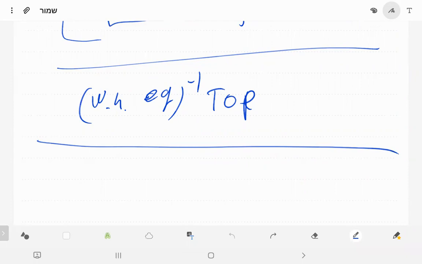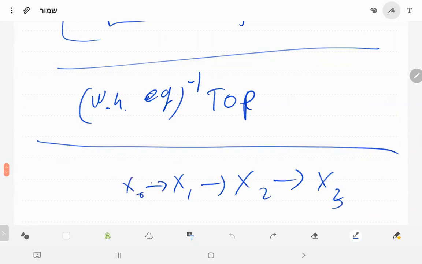A chain complex, say of abelian groups, is a sequence of abelian groups X1, X2, X3, and so on. Probably in this direction it would be called a cochain complex, but I don't care.